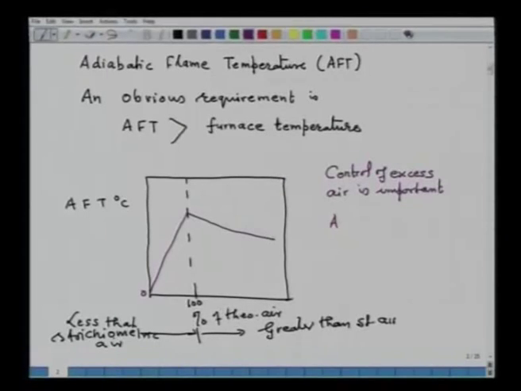In this connection, air leakage is also an important issue from the fuel heat utilization point of view. What is said over here?